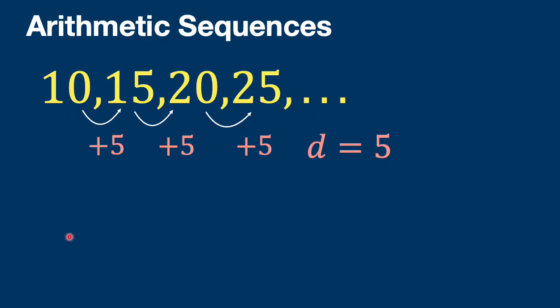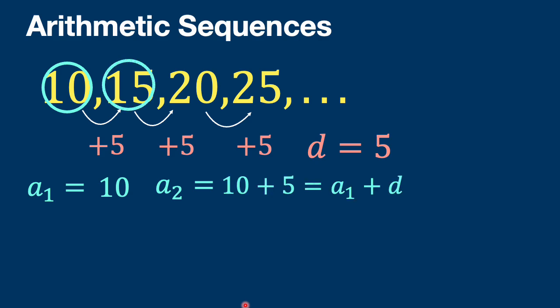Now, we're going to find the general term of an arithmetic sequence. Let's start with A1. A1 is 10. A2 is going to be 15, right? So I get the 15 from 10 plus 5. 10 is A1, 5 is D. How about A3?